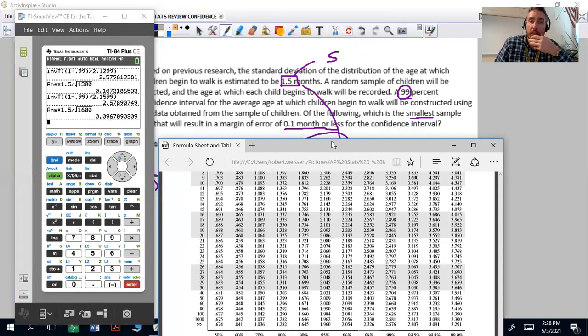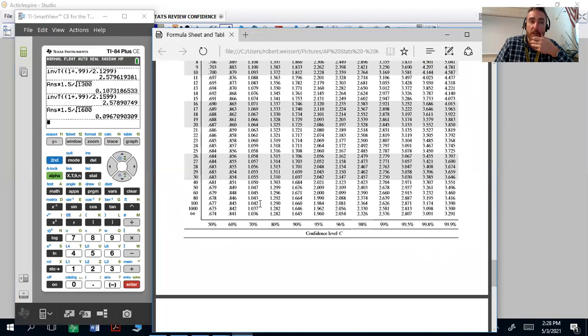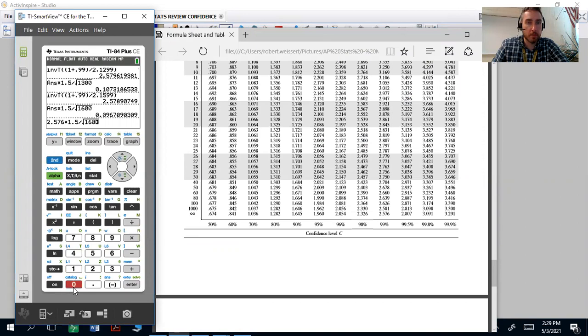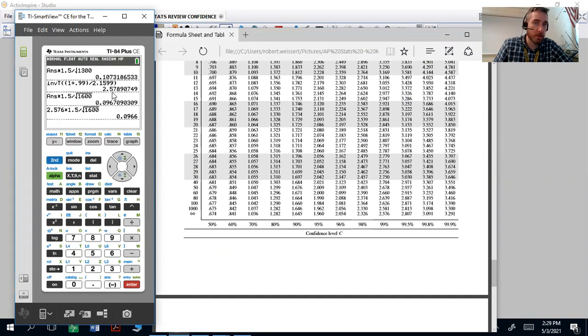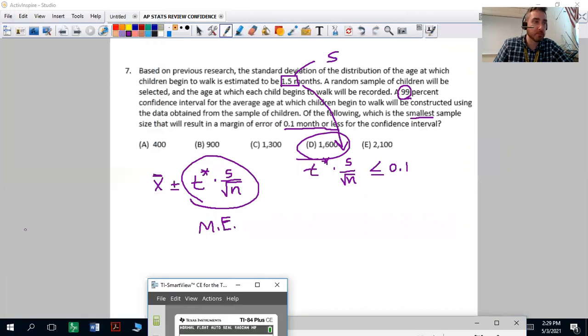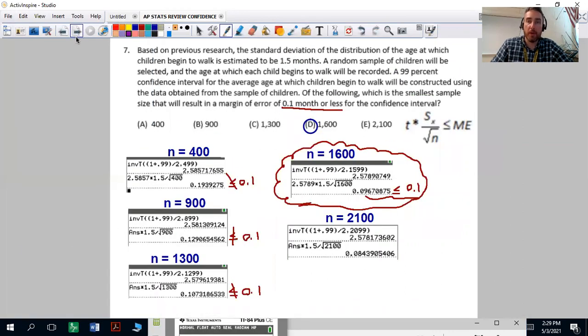Either way, if we would have used 99% of the normal curve, 2.576 as our z star, that's right here at the infinity and 99, and multiply that by 1.5 divided by the square root of 1600. You still get just under 0.1. So that's effectively the same problem. So either way, D is going to be your answer. And there it is summarized for you.